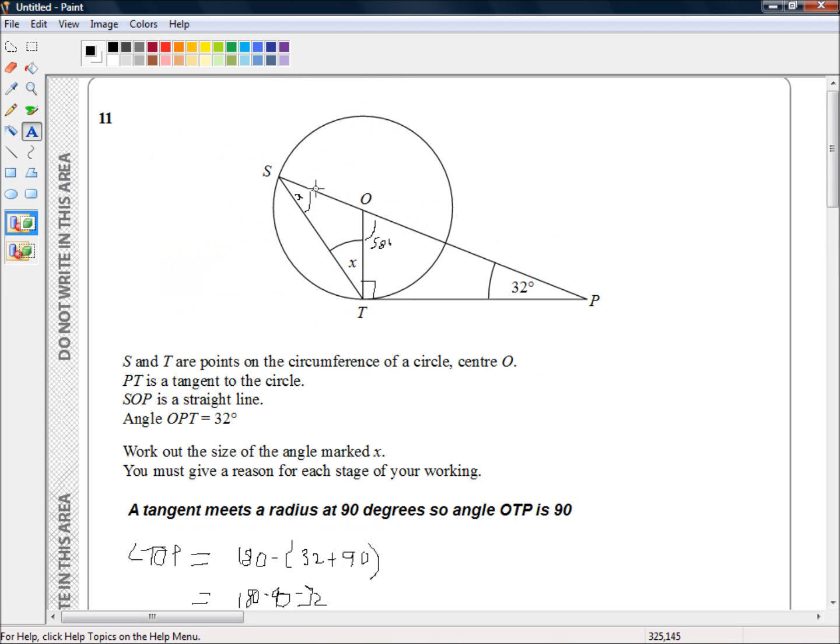Okay, so I was right, that's STO and that's OST.